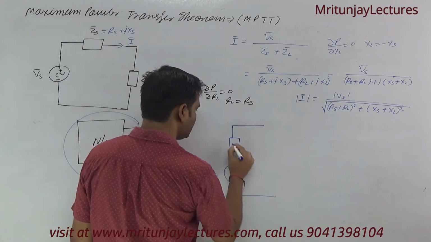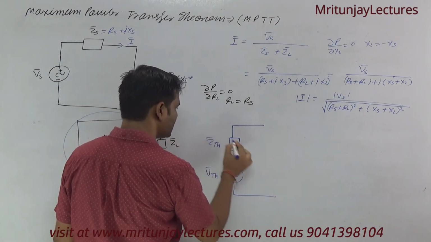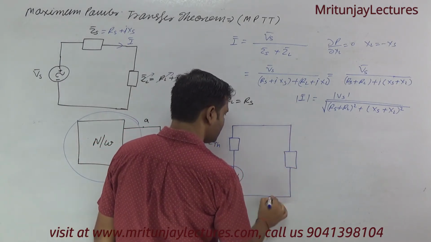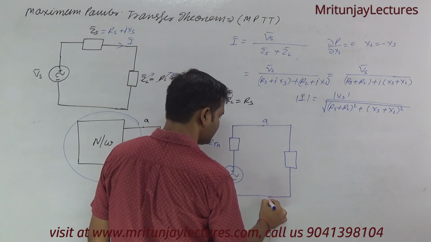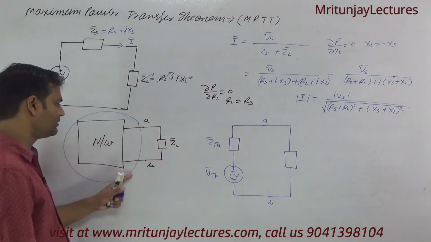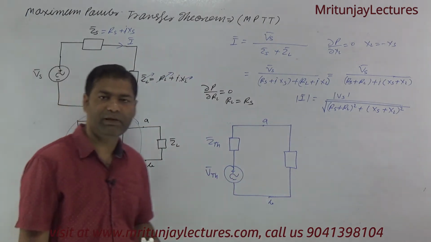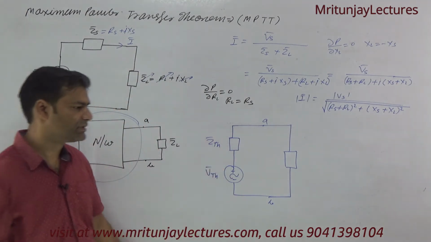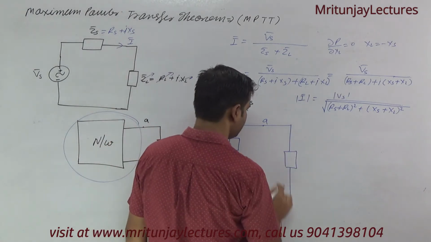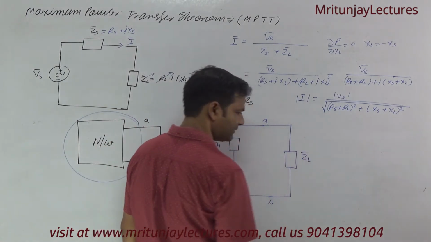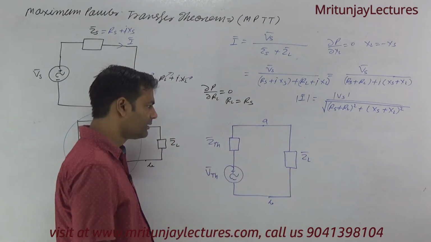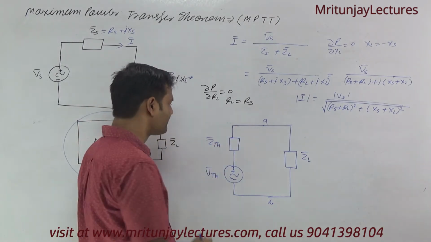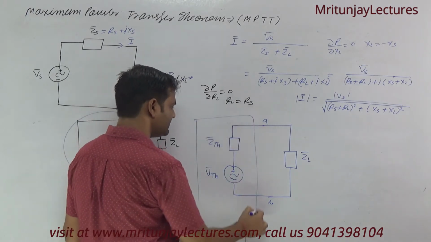First of all, find ZTH and VTH, and then this is A and this is B. Corresponding to AB, this network, a linear bilateral network, can be represented as VTH and ZTH, and after that AB, ZL is connected here. This one is the Thevenin's equivalent.